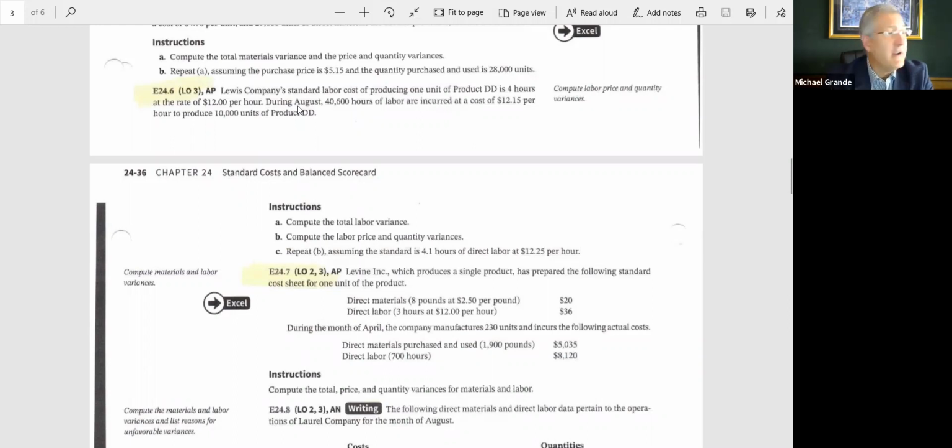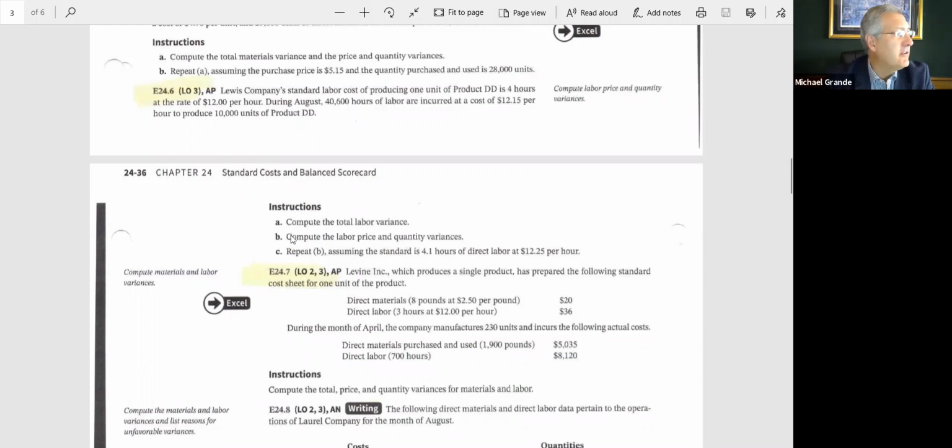The standard price, $12 per hour. It goes on saying during August, 40,600 hours, the actual hours, are incurred at a cost of $12.15 per hour. Again, actual information. To produce 10,000 units of product DD. 10,000 units is the actual output.